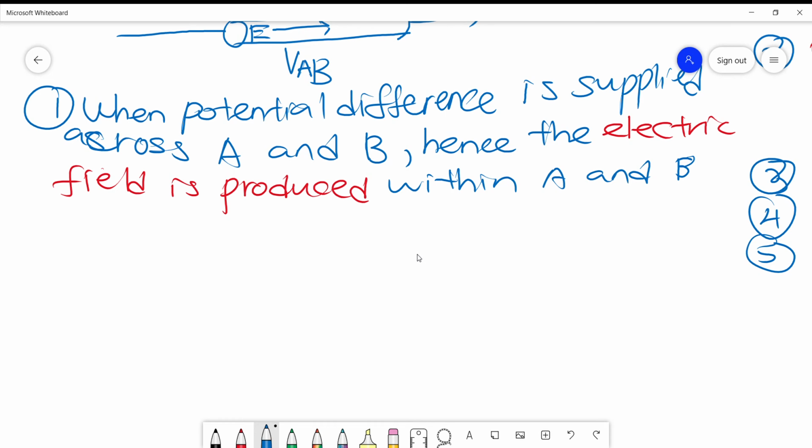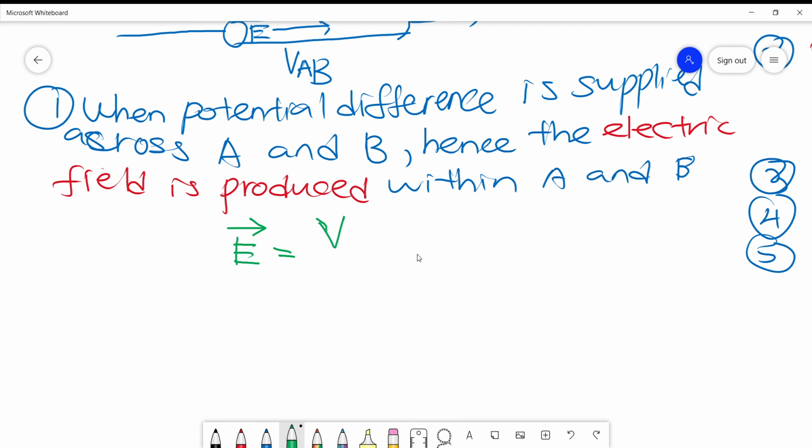electrostatics, from both chapters we learned the formula for the electric field. So the electric field, and this is the direction of the electric field, which flows from A to B. The electric field is equal to the potential difference across the two points.